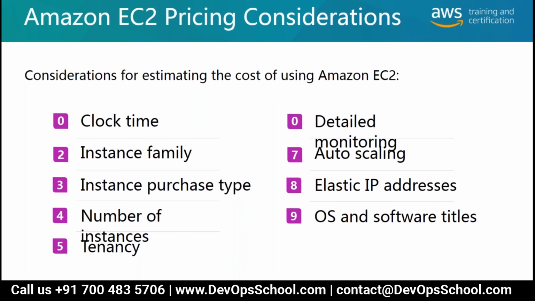EC2 instance families, characteristics of families, whether you're using burstable or fixed compute, whether you're using default tenancy or a dedicated tenancy, or what pricing option you want to go for. Are you using an on-demand instance, or reserved instances, or spot instances? And then are you having any bootstrap actions? When you are doing any bootstrapping, like using EC2 user data, are you invoking some other services also? So these are some design considerations you may keep in mind.